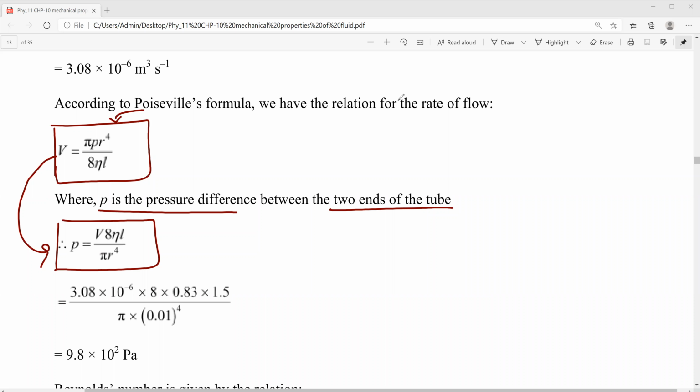The V value is substituted as 3.08 into 10 to the power of minus 6, 8 is kept constant, this is the value of eta and this is the value of L, pi is constant and this is the value of r. After substituting, we got the value 9.8 into 10 to the power of 2 Pascal.